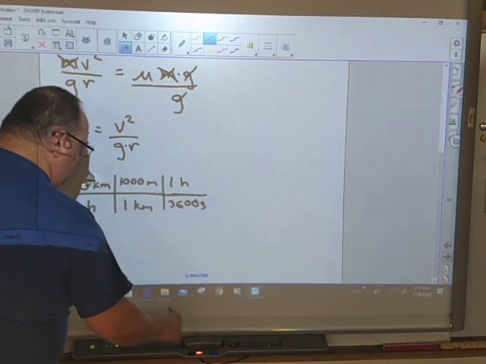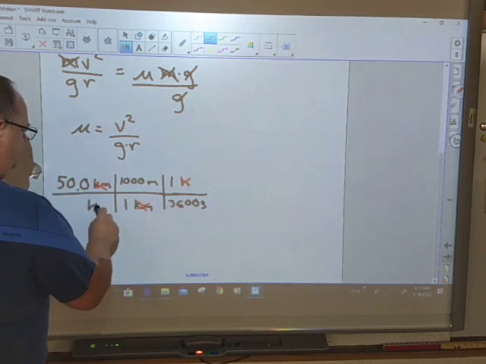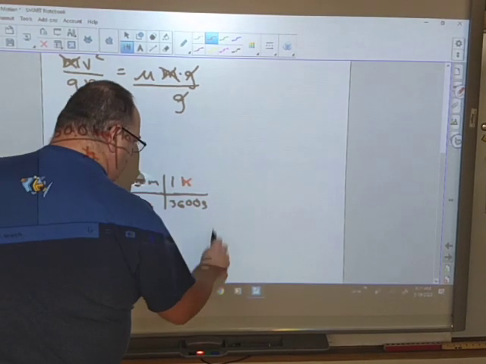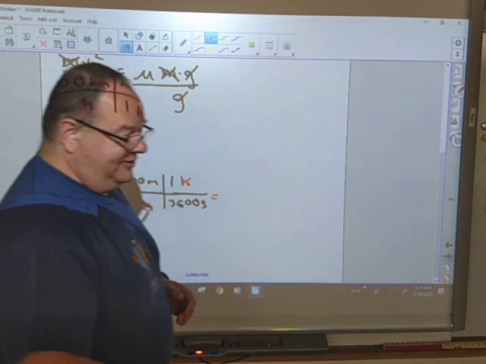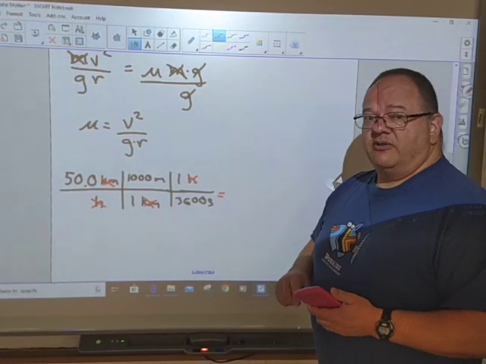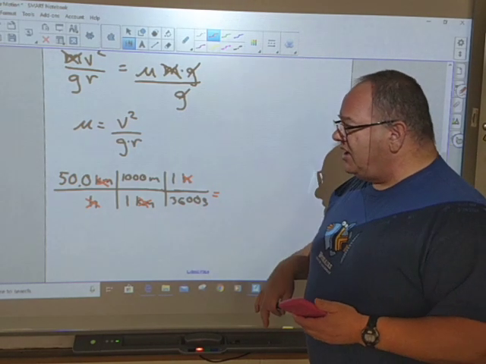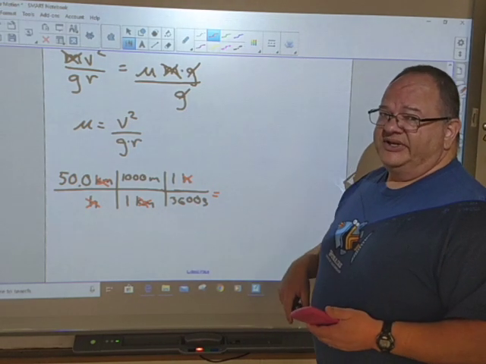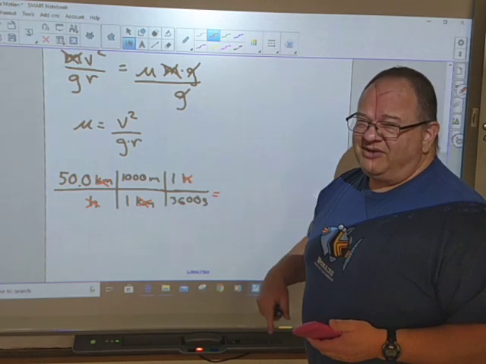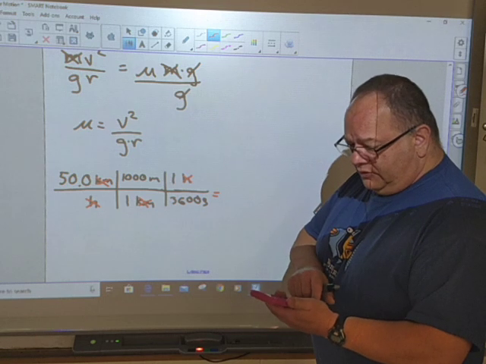So I'm going to cancel off my kilometers, and I'm going to cancel off my hours, and I'm going to get a velocity in meters per second. That's going to mesh with our other quantities much better. Could I have put that right up in there? Yes, but it's going to get messy, because then I'm going to have to square that. I'm better off just doing this conversion first.